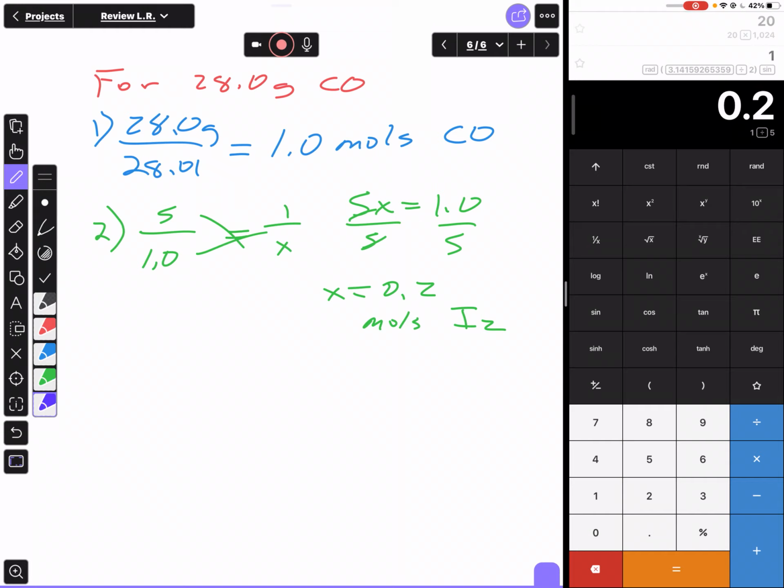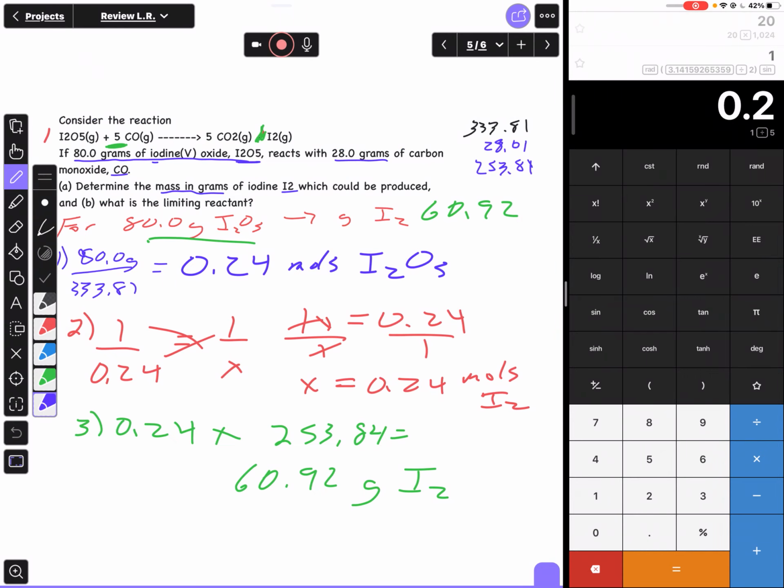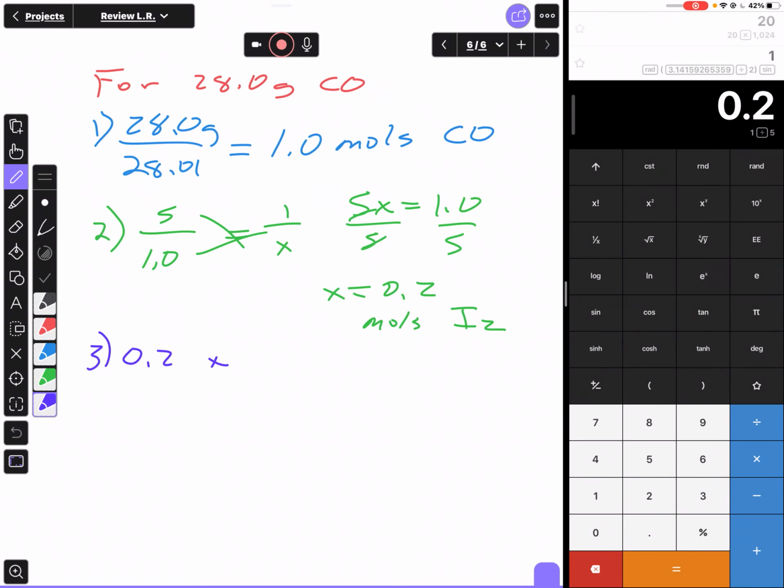My last step is convert to grams. 0.2 moles of I2 multiplied by the molar mass of I2. I've already calculated that. It's 253.84.